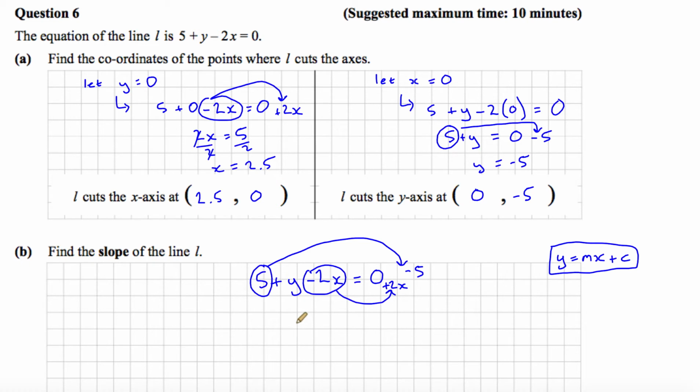So I'm left with y is equal to 2x - 5 on the right hand side. So I can then see that the number in front of x in my case is 2. So I know that the slope is equal to 2 for the line L.